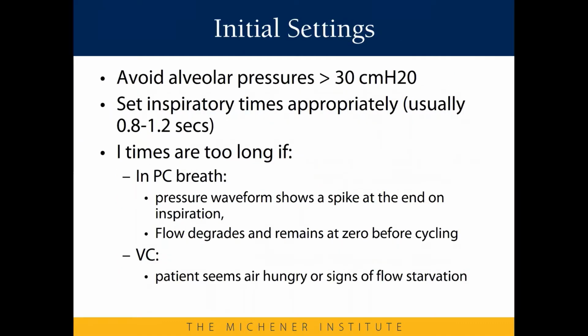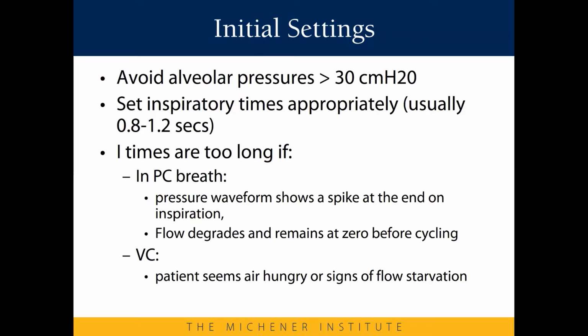So initial settings. We want to avoid our alveolar pressures greater than 30 centimeters of water. Again, a reminder that adult I times of 0.8 to 1.2 seconds is what's considered normal.